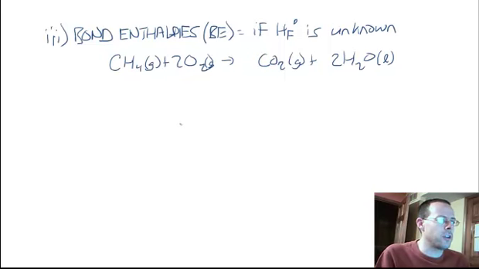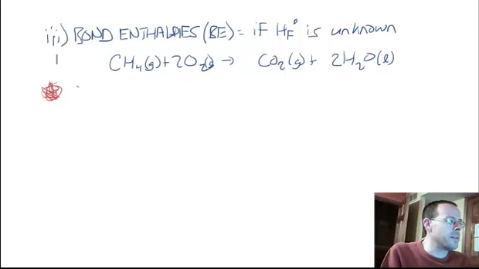So final minus initial is always what delta means, except for here. Okay? So in bond enthalpies, asterisk, star, whatever, this is going to be initial minus final. And it's, I think, the only time in chemistry where this happens, so just be aware of that.